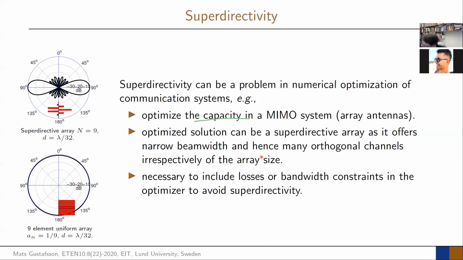The only way to really restrict this is to say that you have lambda over 2 spacing or lambda over 3 spacing, or you include losses. So you say that the losses have to be below some number, and then this will be avoided. So it's one thing that can happen when you put antennas in and you don't think about the real physics of the antennas. That's it.